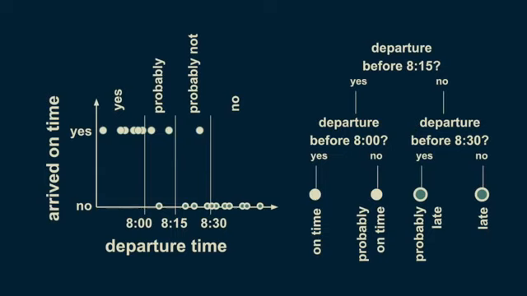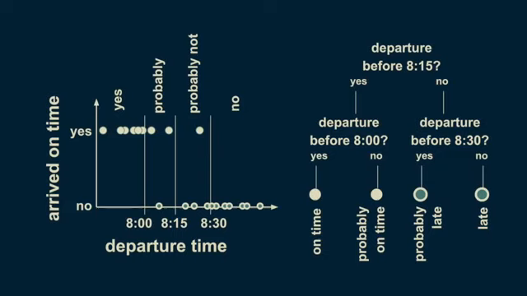Similarly, departure times after 8:15 can be divided into those after 8:30, which are almost certainly late, and those before 8:30, which still have a small chance of being on time. This decision tree has two levels. Decision trees can have as many levels as you want. Most often, each decision point or node has only two branches.